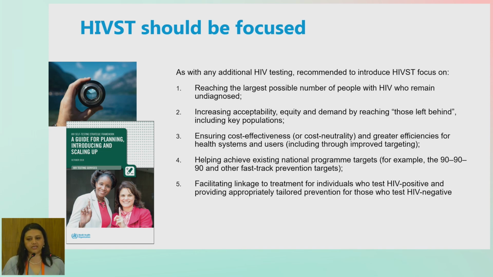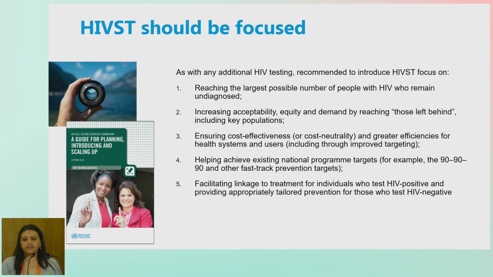Increasing the acceptability, equity, and demand by reaching those left behind, including key populations. And I'm not just going to talk about key populations here, I'm also going to stress on the fact that there are a lot of non-identifying populations now that we see. You know, people on social media or dating apps don't necessarily identify themselves as key populations, but they are vulnerable and in need of services, and that's the kind of population that we definitely need to reach.